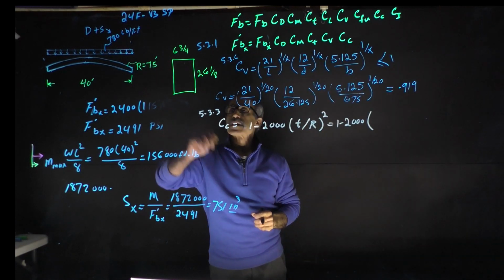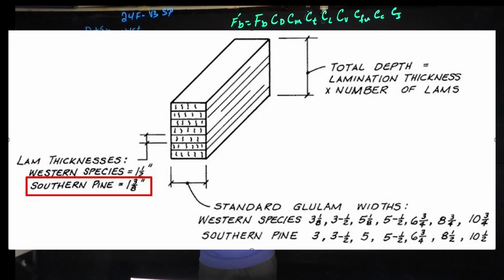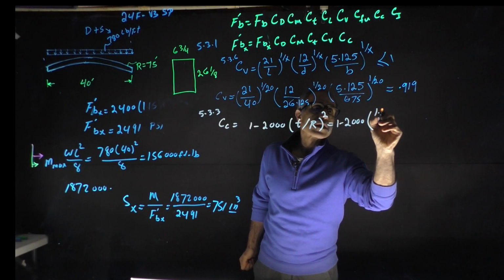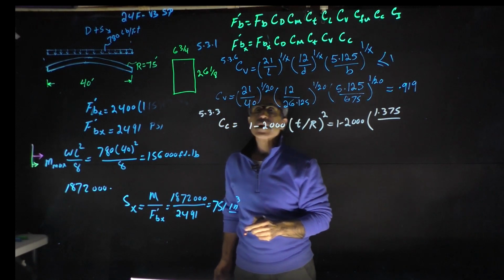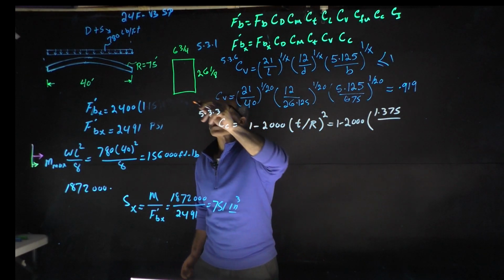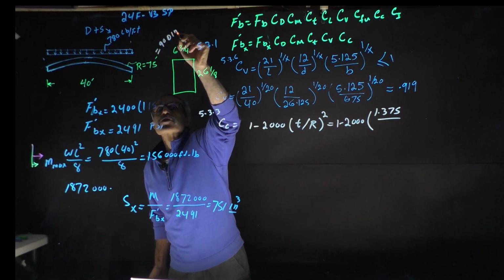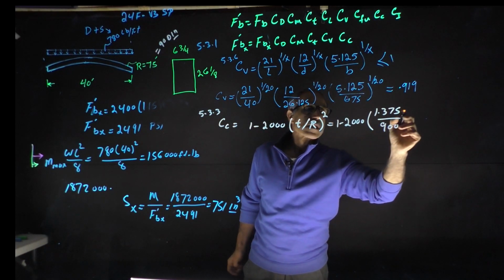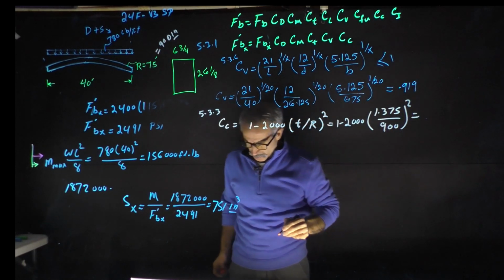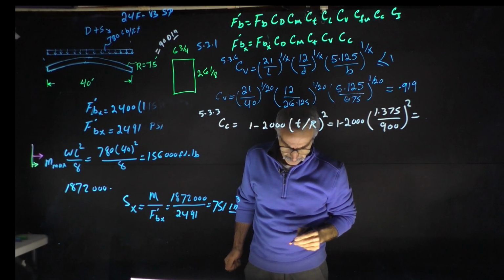Now the thickness is the lamination thickness, and for Southern Pine that is 1 inch and 0.375, 1 and 3/8, and divide that by our radius. The radius is 75 feet, which is equal to 900 inches. So T divided by 900, which is the radius, squared, and that comes out to 0.995.